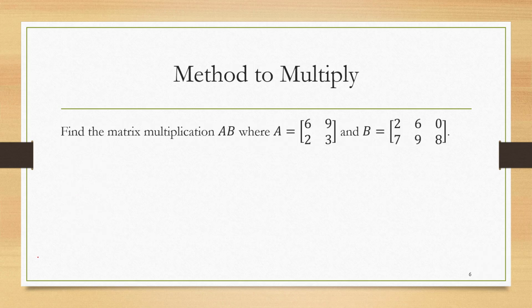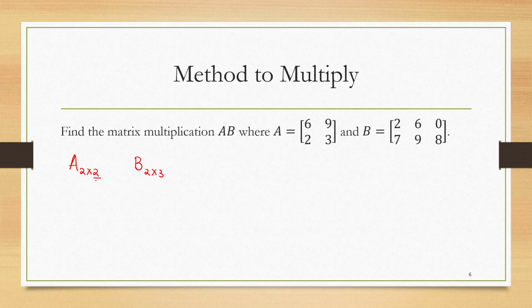Now let's do some questions to see how to multiply two matrices. So the first question is, this is A, a 2 by 2 matrix, and B, whose order is 2 rows, 3 columns, so 2 by 3. Let's first observe if AB is defined or not.